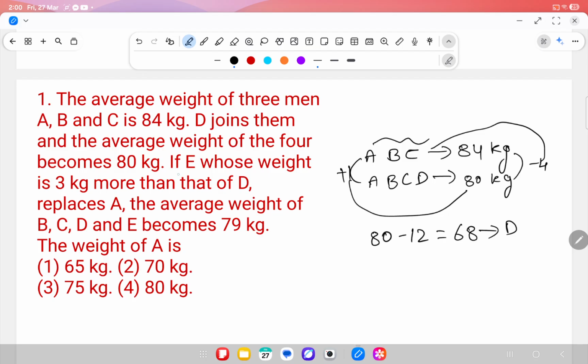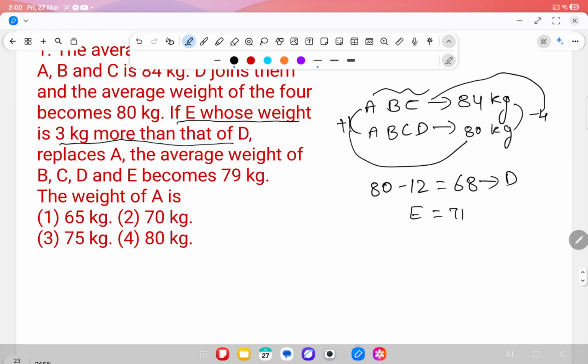Then what are they saying? If E, whose weight is 3 kg more than D, means E is equal to 71, replaces A, then the average weight of B, C, D, E becomes 79. So the average weight of A, B, C, D is 80, where A is replaced by E, then it becomes 79.